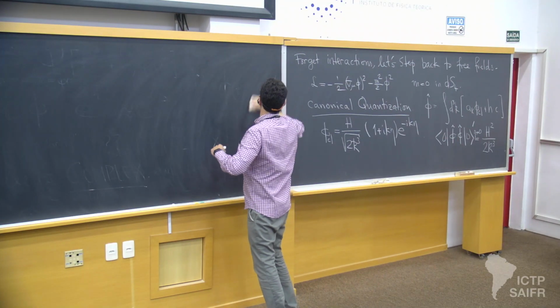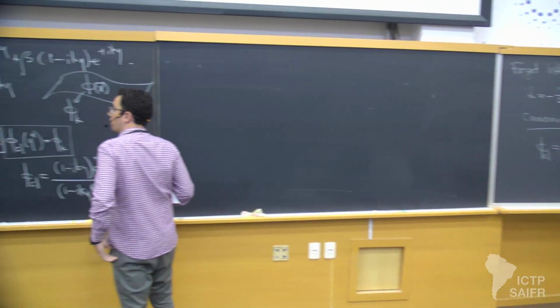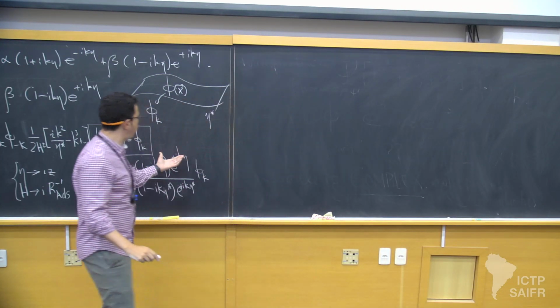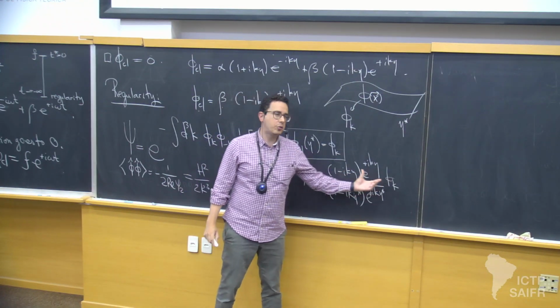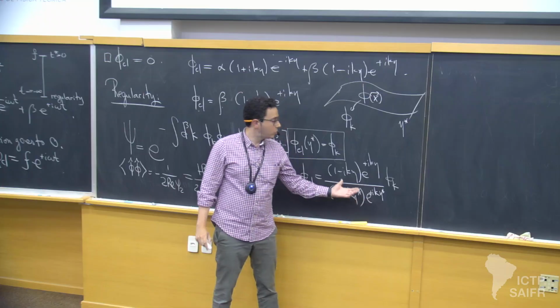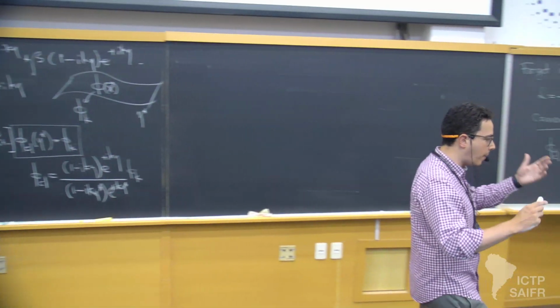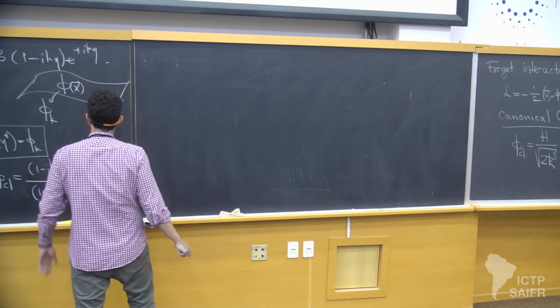So how does the story work for the interactions? Now the point is that you need to solve the equations of motion with these interesting boundary conditions. You know that to solve classical equations of motion, we use diagrams again. We use propagators and whatnot. But the types of propagators will change because of this boundary condition.